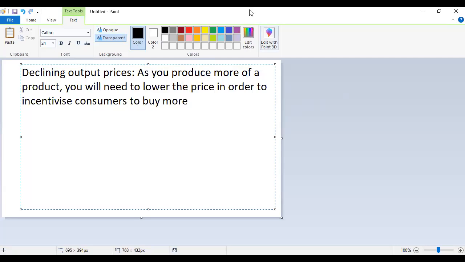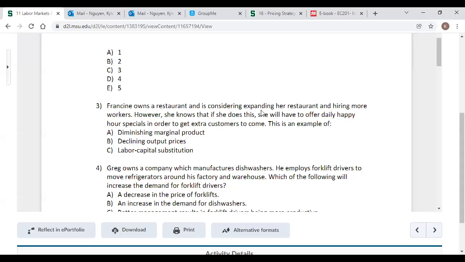And this is actually the right answer, because let's look at what's going on in this problem. She wants more people to come into her restaurant, so she's going to start offering specials, which is basically the equivalent of lowering the price. And that's exactly what declining output prices is.